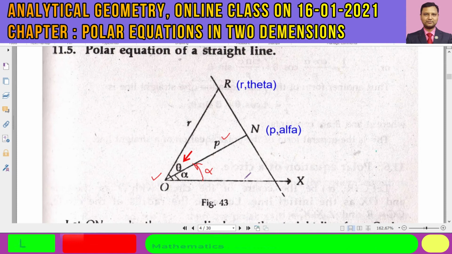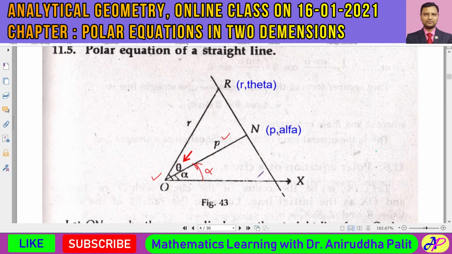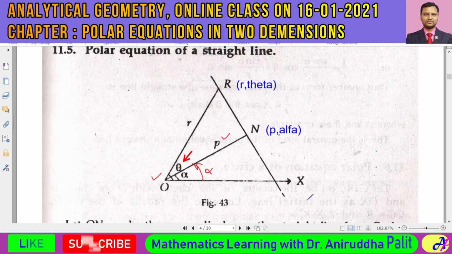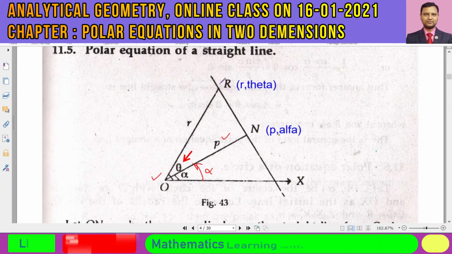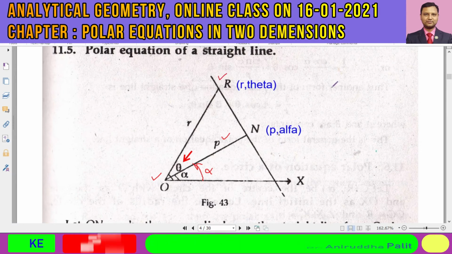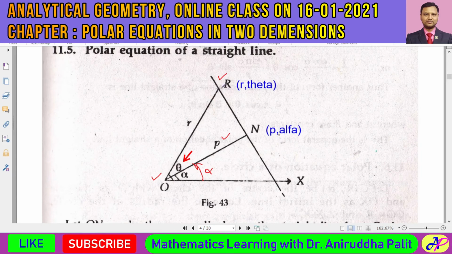Now, how do we find the equation of a straight line? In order to find the equation of any curve, we generally take an arbitrary point. We have taken capital R over here, an arbitrary point on the curve, and here the curve is the straight line.